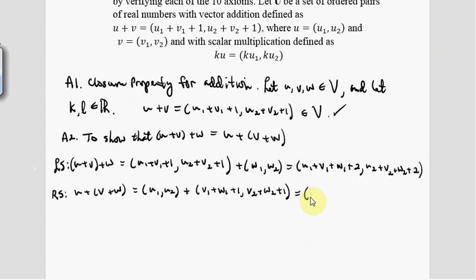And we add them both together. We get U sub 1 plus V sub 1 plus W sub 1 plus 2 comma U sub 2 plus V sub 2 plus W sub 2 plus 2. My question here is, does A2 fail or does it satisfy the requirement?